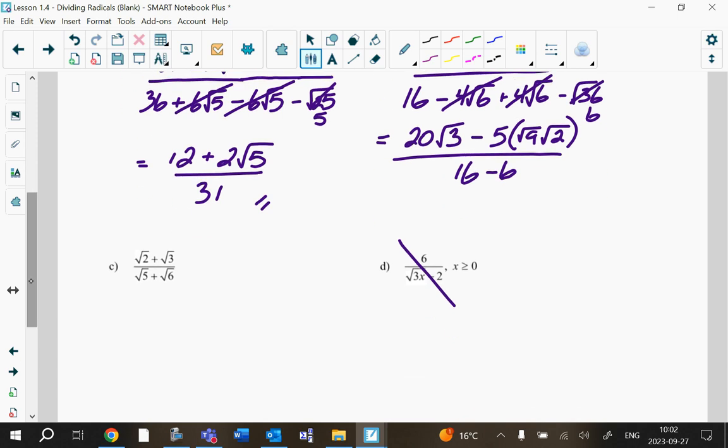What's this the same as? Root 9 times root 2. How do I simplify that further? 3 root 2. So I've got 20 root 3 minus 5 times 3 times root 2. Minus 15 root 2 over 10.